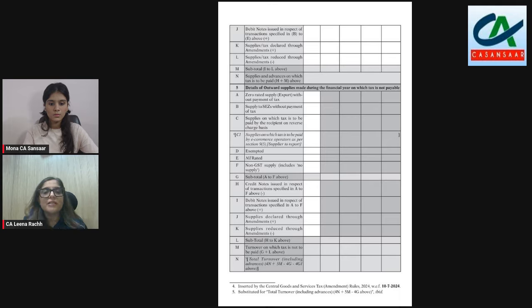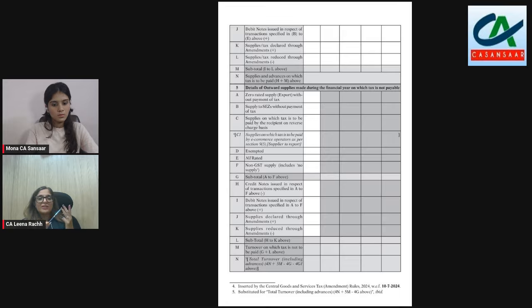Presently it reads ITC availed through ITC 01, 02 and ITC 02A. That means 6M, which was earlier merely a residual table, has now become a table for reporting ITC that has been availed through ITC 01, 02, and 02A.